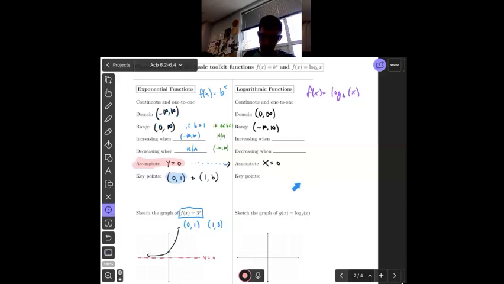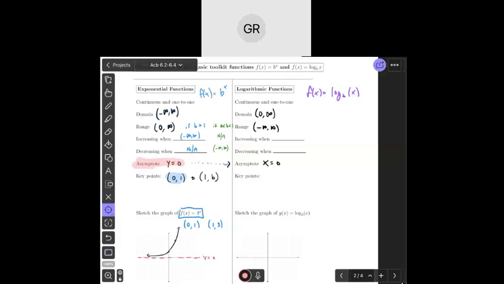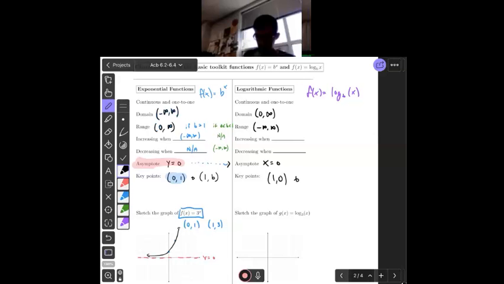What are our key points here? Would it be (1, 0)? (1, 0), and what else, Grant? (b, 0)? Not (b, 0). Why did you say (1, 0)?